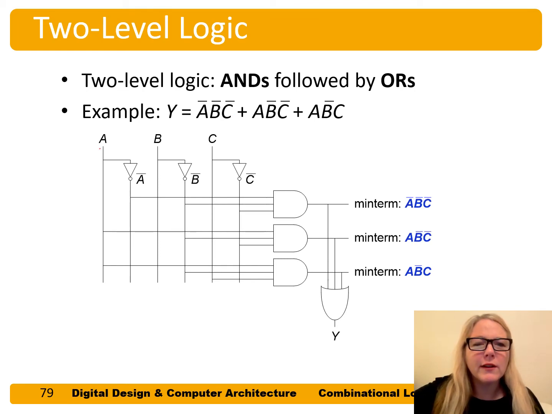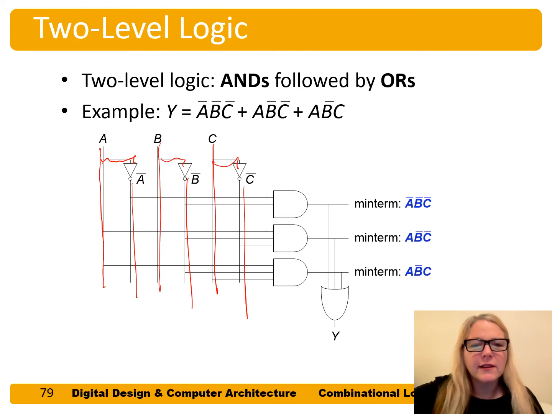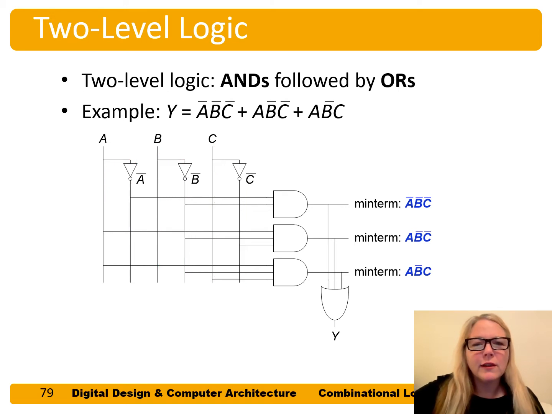And one thing I want to point out here is you can see this regular structure, A and A bar, B, and then we have B bar, C, and then we have C bar here, makes it easy to grab the variable or its complement. And so when we make our product terms, we can just grab A bar and B bar and C bar. Makes it an easy, regular way to do that.